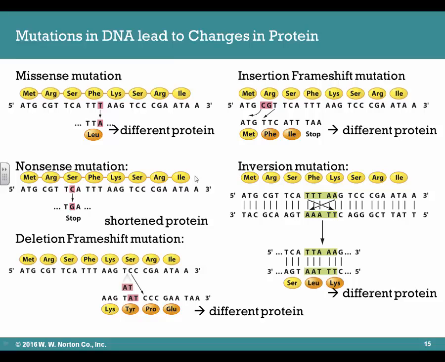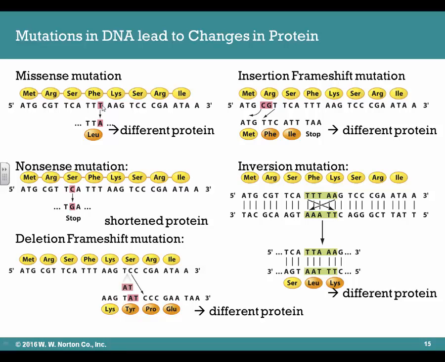Sometimes if you have a change in the first, second, or third position of this triplet code, you can get a mutation that results in no change in the function of the protein, because there is more than one set of nucleotide bases, so TTT, perhaps TTC, also encodes for the amino acid phenylalanine.